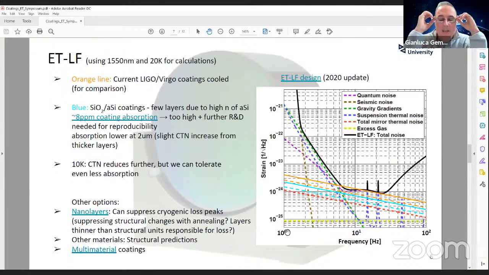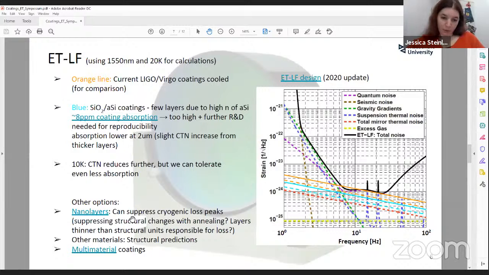Okay, and another option to further improve coatings are, for example, nanolayers. Nanolayers means substructuring each layer made of even thinner layers. And nanolayers have been shown to suppress crystallization. They have also been shown to suppress the cryogenic loss peak in silica. It might make our silica better.